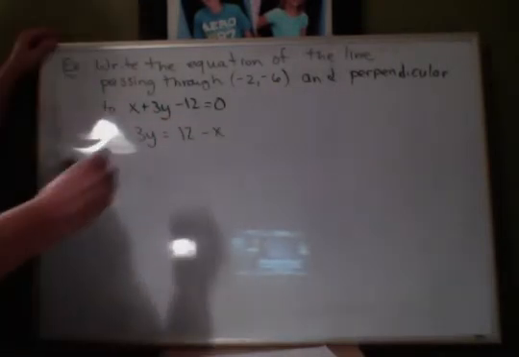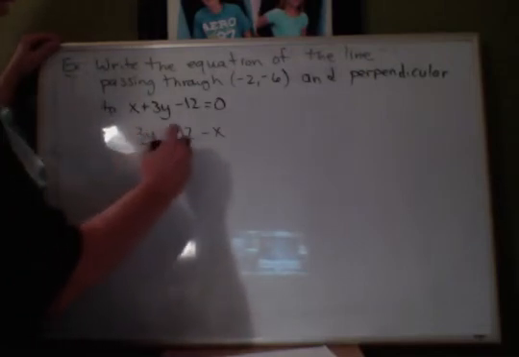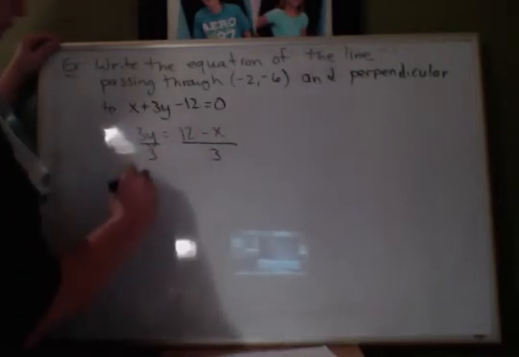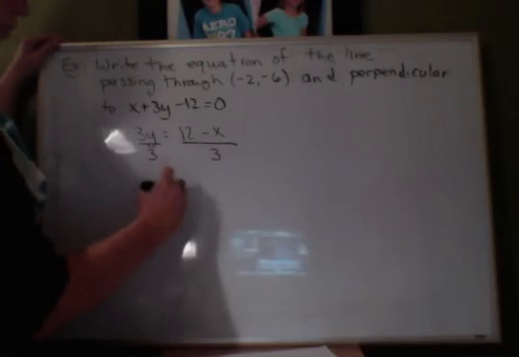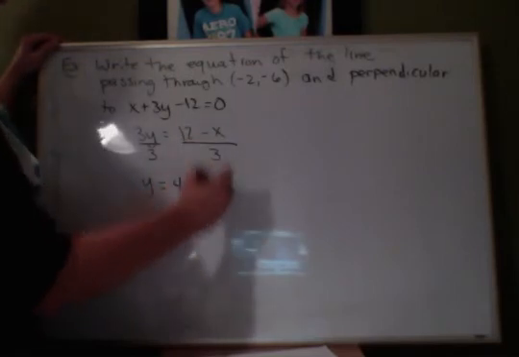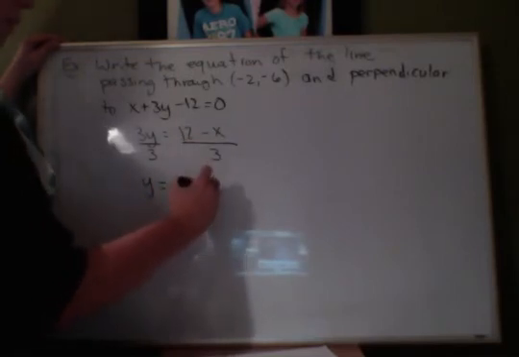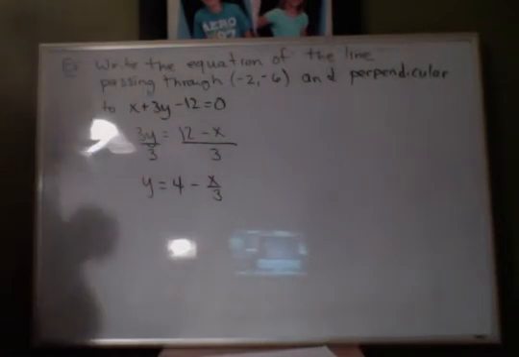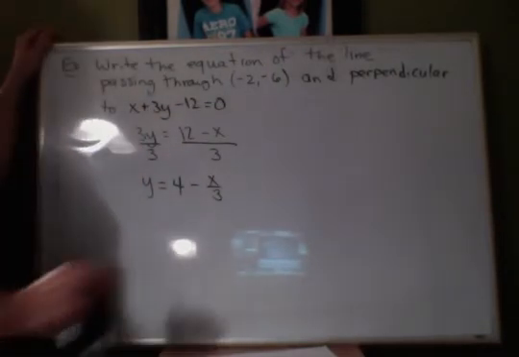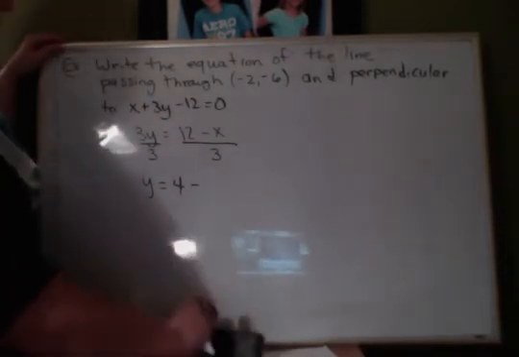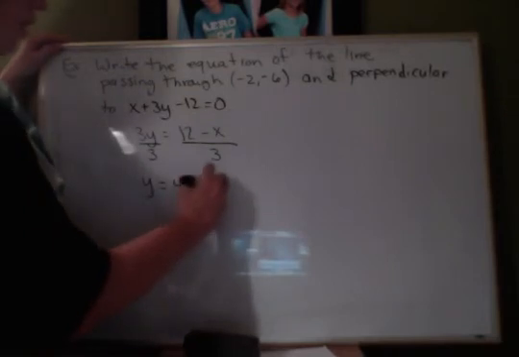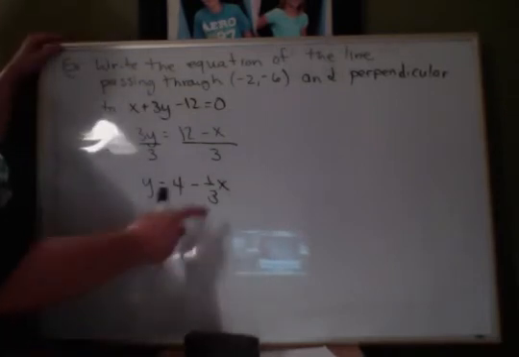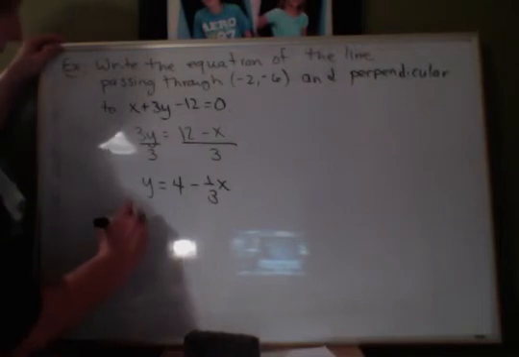And then we're going to divide everything by 3. You have to be very careful here because we need to divide the 12 by 3, which is 4. And then we're going to end up with minus x over 3. I'm going to write it that way for just a moment, and then remind you that instead of writing x over 3, we can also write 1/3 x. And this will make it easy maybe then to see the slope.